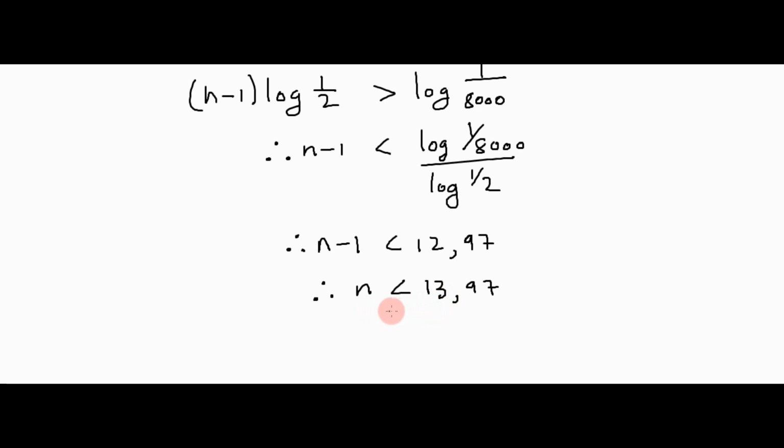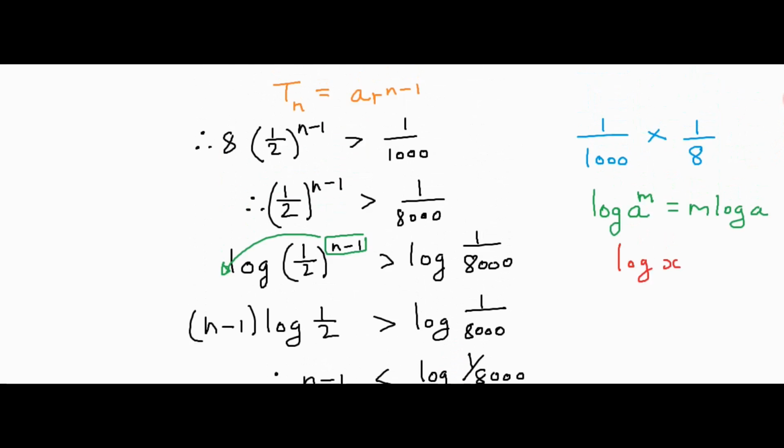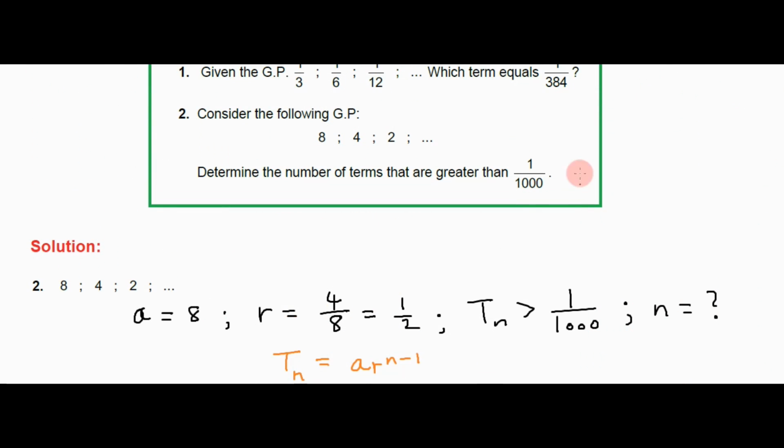So the natural number closest to 13,97, but smaller than it, will be 13. So n will equal 13. So that means that there are 13 terms that are greater than 1 over 1,000. So the 14th term in this sequence will actually be less than 1 over 1,000.